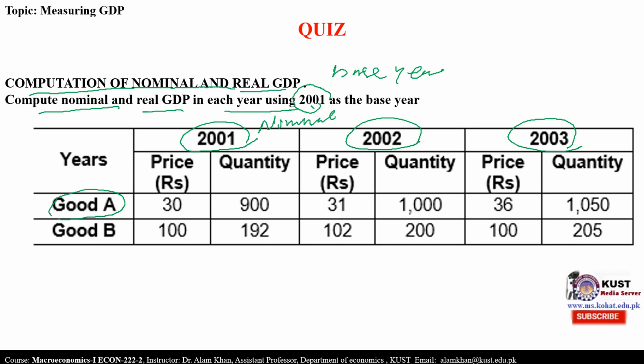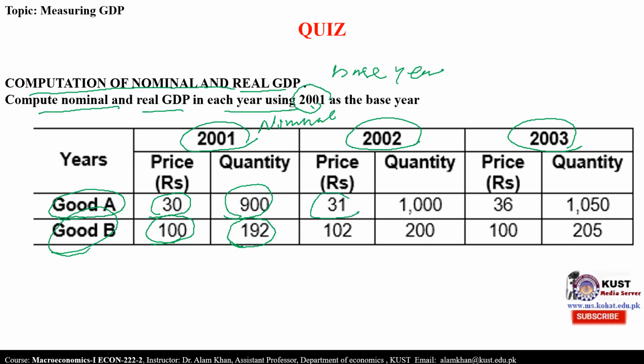There are two goods, good A and good B. These are the prices of good A and the price of good B. This is the quantity of good A and the quantity of good B in the year 2001.